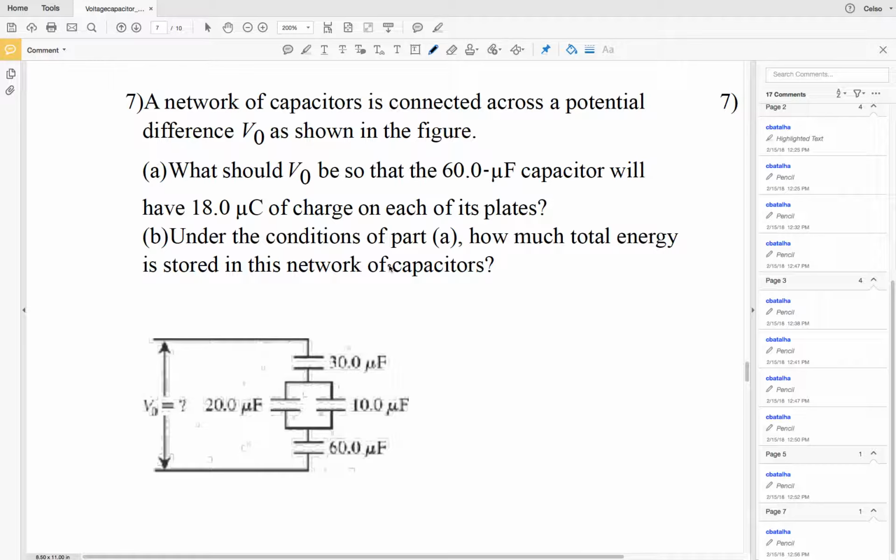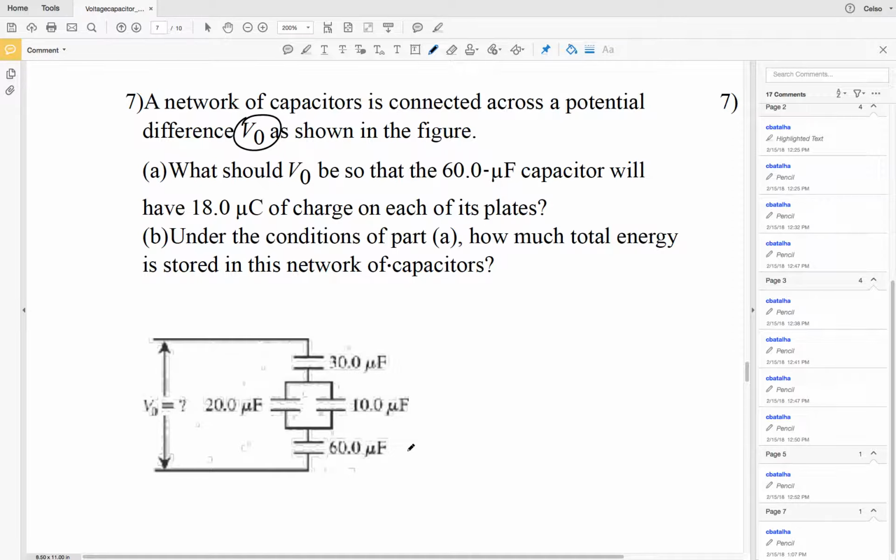Now, as you can see in this circuit here, the voltage, I don't know what is being asked. Let me see. A network of capacitors connected across a potential difference V naught. So this is V naught. What should V naught be so that the 60 microfarad capacitor will have that much coulomb of charge on each of its plates?